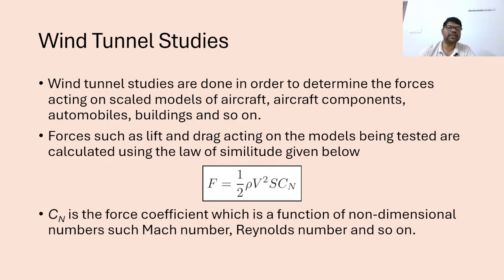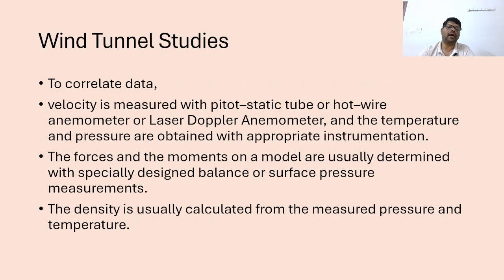So we need to measure these flow properties. To measure velocity, we can use different instruments like the pitot static tube, hot wire anemometer, or laser Doppler anemometer.